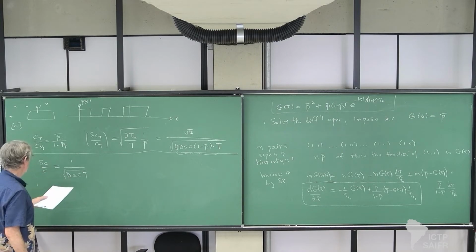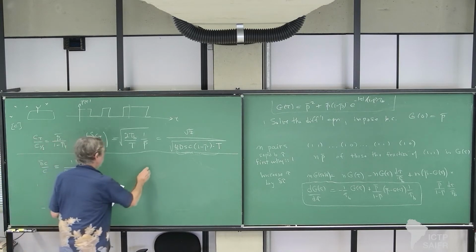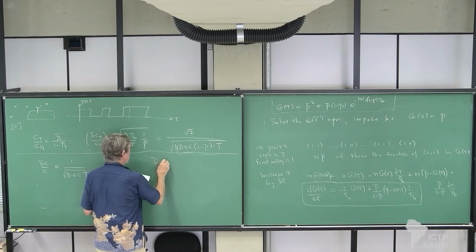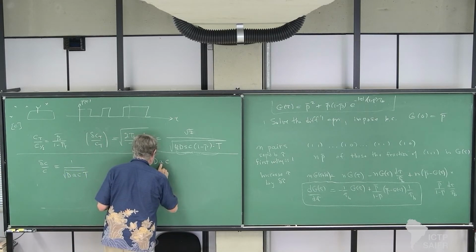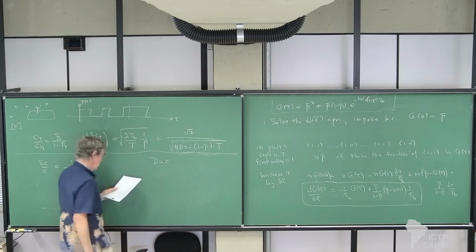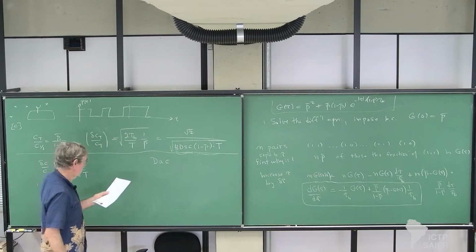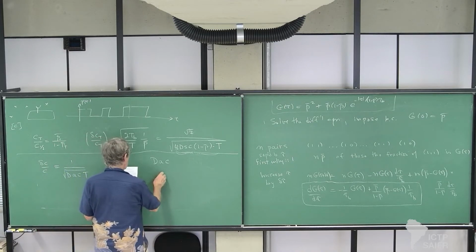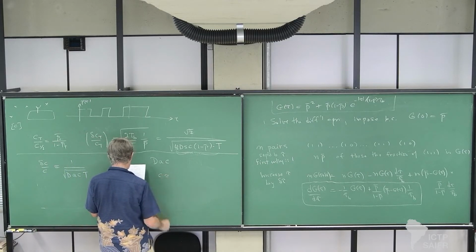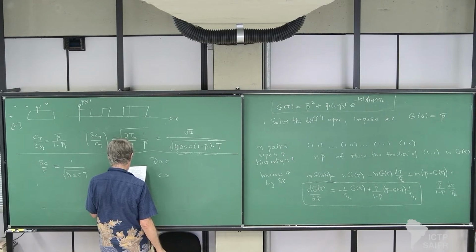So what is this D? The diffusion constant. And the concentration: suppose the concentration is, let's see, 1 nanomolar.